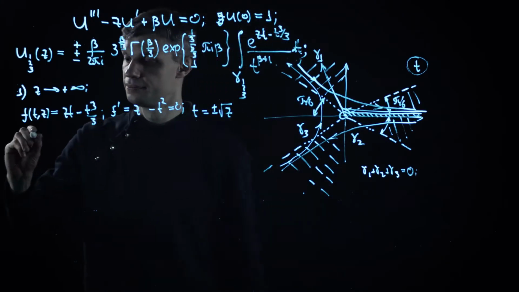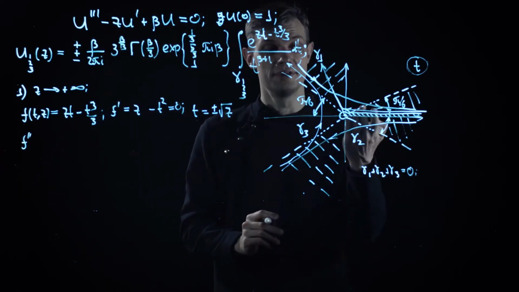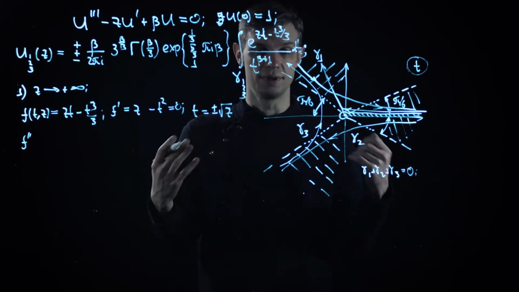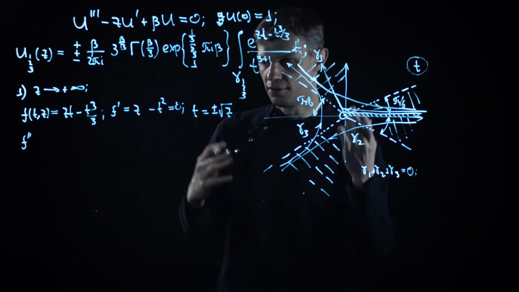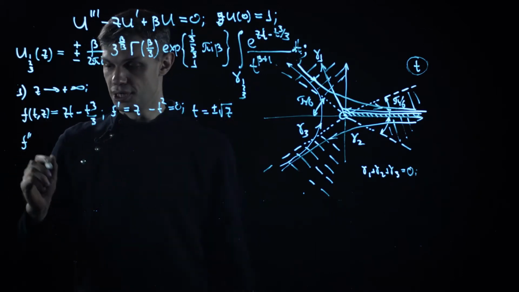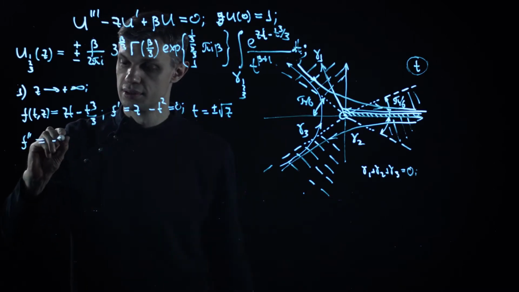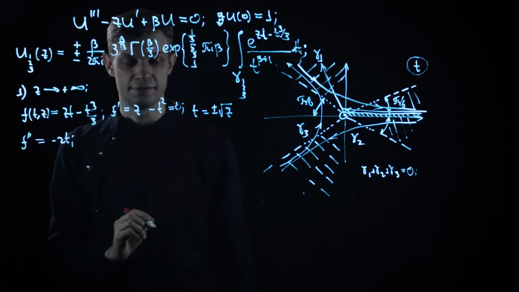And the only difference from the Airy function case is that there is a branch cut here, which slightly complicates things. So let's see how the whole thing comes about. So we define the steepest descent directions, which are given by the second derivative.